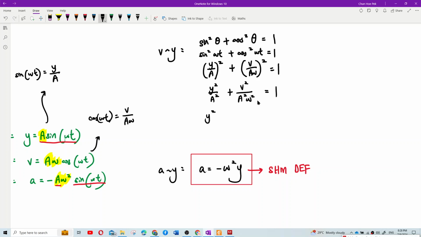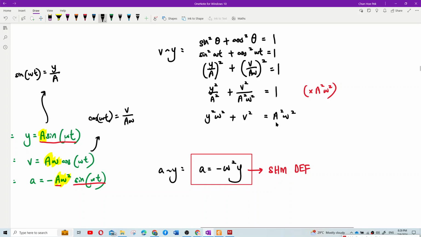Y square, so I multiply, I get like this, and then I plus v square, and here I multiply a square omega square. Okay, class? I multiply a square omega square, both sides. I multiply both sides, so I get this. Okay, so what's next?